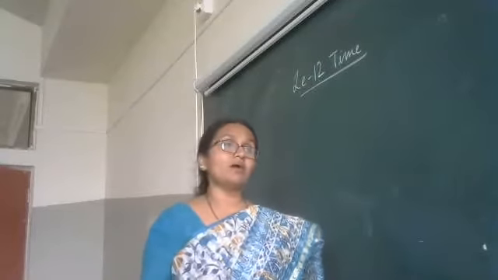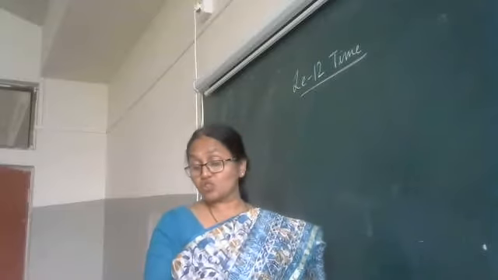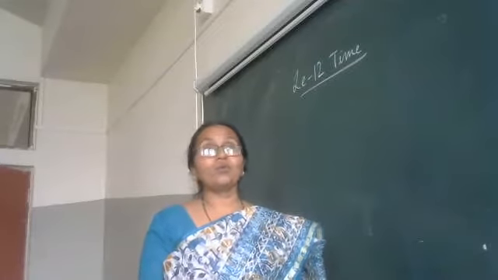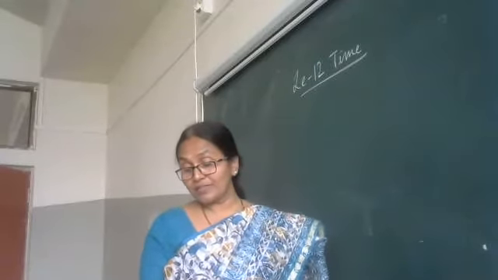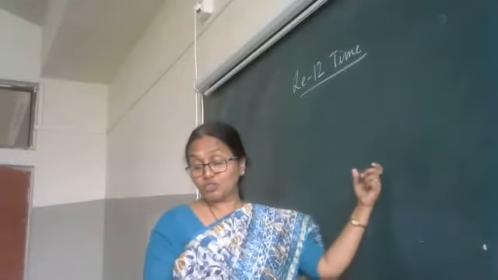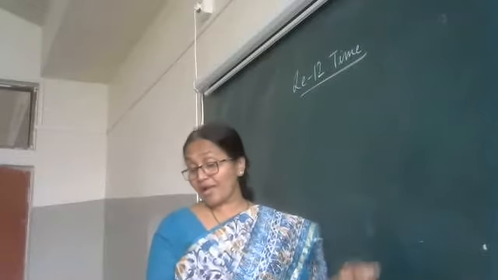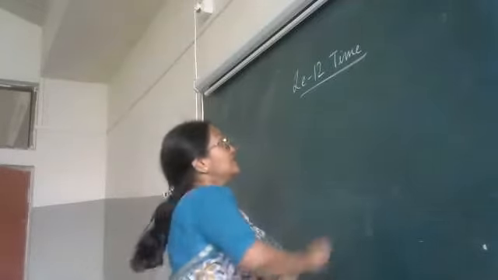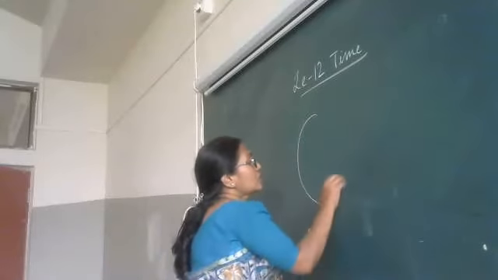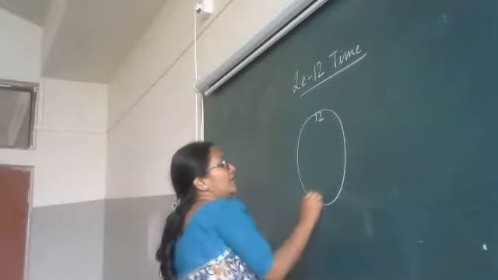Exercise 12.3, page number 139, question number 2. One example is already shown: quarter to 2 means 1:45. The next clock is 12, it's here.